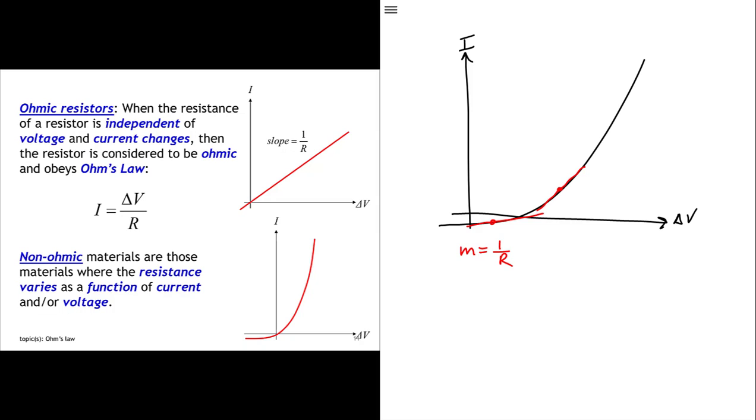And as our potential difference continues to increase, the resistance continues to decrease because the slope gets larger. So this is a non-ohmic resistor because the resistance varies as the potential difference varies, while with ohmic resistors, you could vary the potential difference, but the resistance will remain constant.